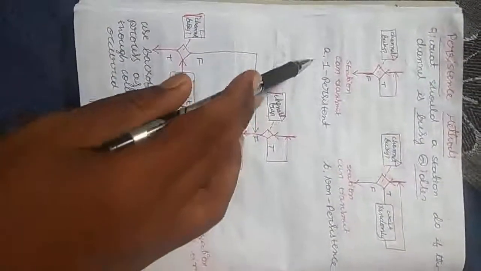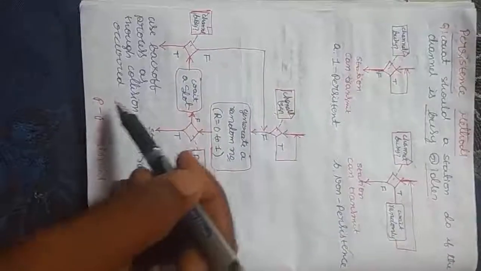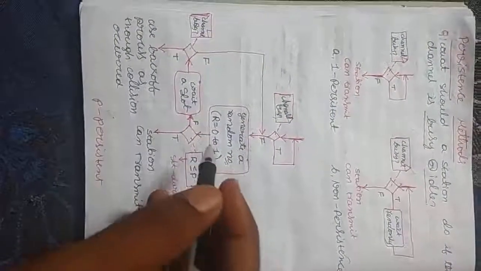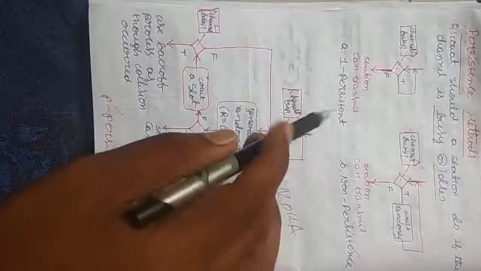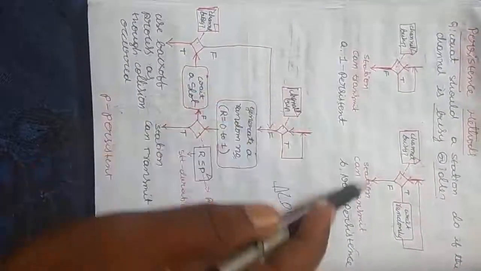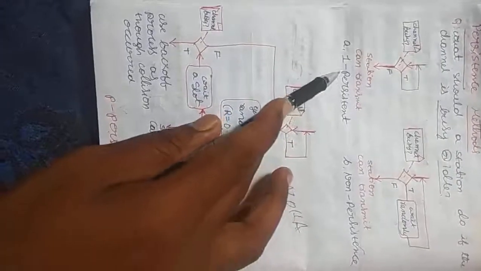We discussed these three concepts in the last lecture. Along with the Aloha procedure, we should add any one of these three types of persistence.